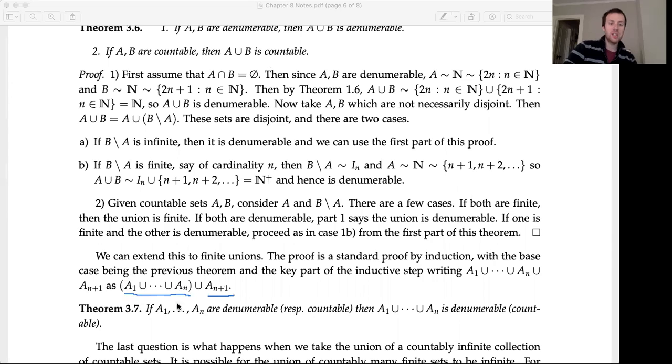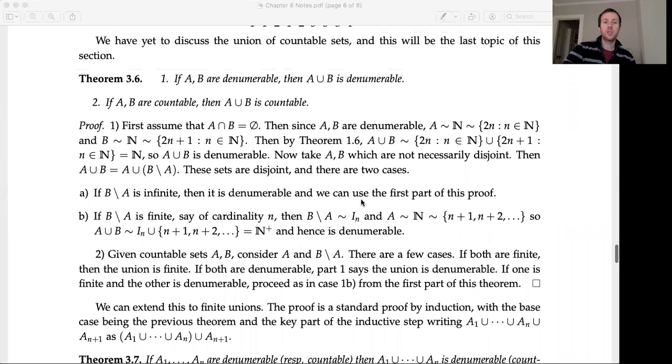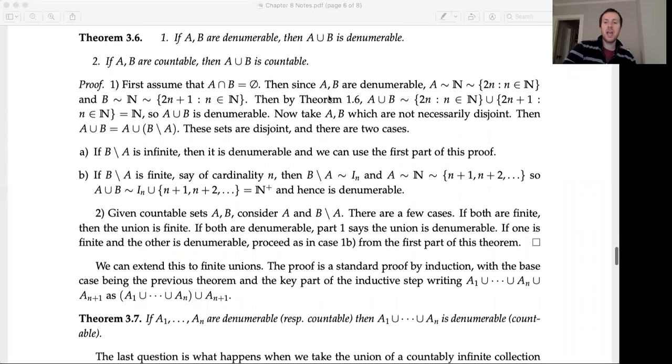So you know that this is countable by the inductive assumption. This is countable just from the hypothesis of the theorem. And then you're unioning two countable things together. That's also countable. So this theorem is a standard way that induction gets used. You prove something is true for combining two objects. And then by induction, say if you're combining n objects, the same thing is true.